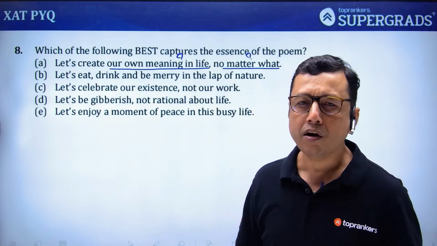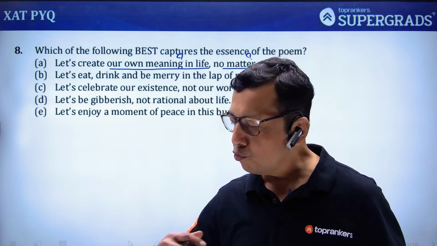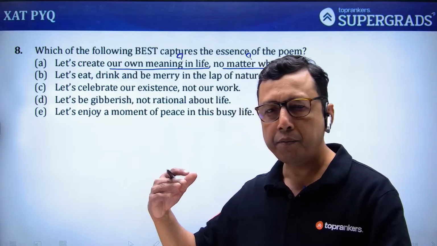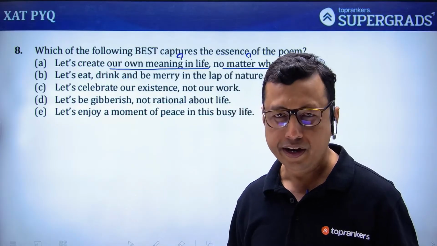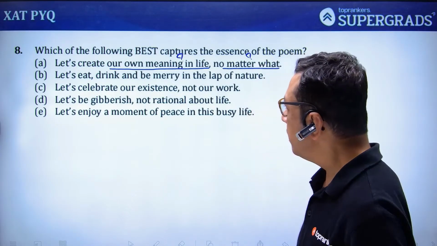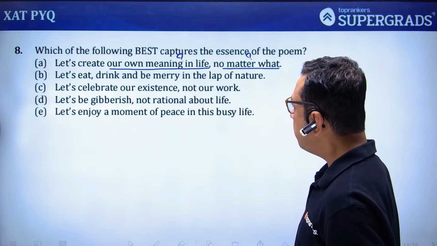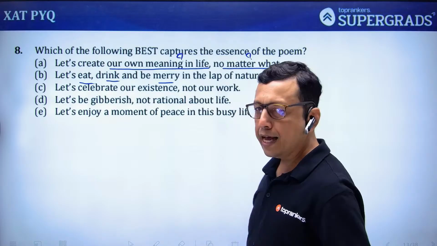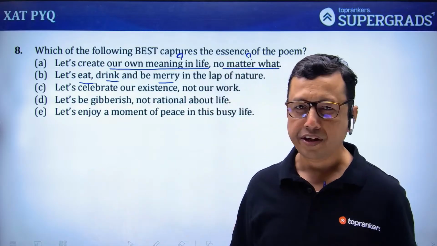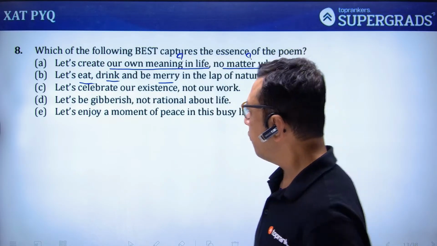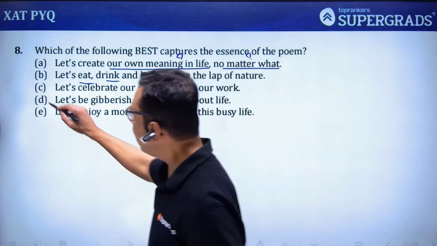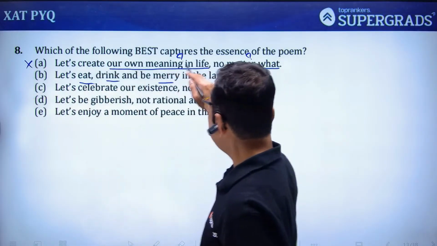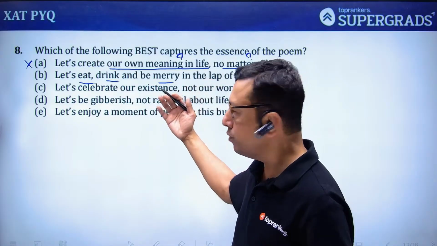Creation of own meaning and all, it's not there in the poem. It's going beyond the theme of the poem. You can clearly see. Correct? Let's eat, drink, and be merry. He doesn't say this. It's an exaggeration in the lap of the nature. This is too much to say, right? It's an exaggeration. So first option eliminated because it's out of scope of the theme of the poem.